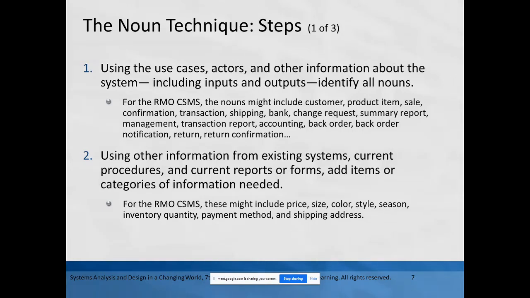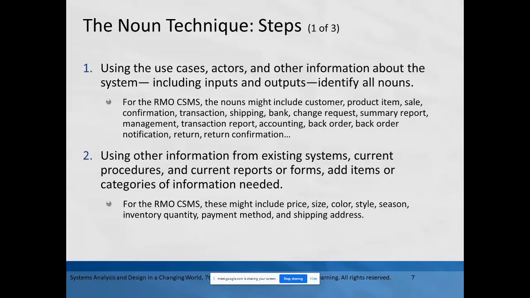They give the case of the running case in the textbook, the Rocky Mountain Outfitters. They say some nouns that you might have include customer, product item, sale confirmation, transaction, shipping, bank, change requests, and so on and so forth. So there are all these things that they pulled out from the analysis they've done for Rocky Mountain Outfitters.